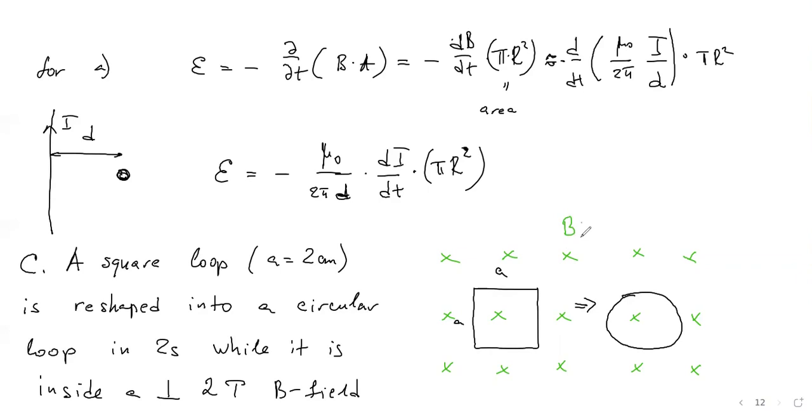The magnetic field is 2 Tesla. For simplicity, the magnetic field is perpendicular to the loop, so we don't have to deal with cos theta. I'm gonna just change the shape, meaning that I'm gonna change the area.